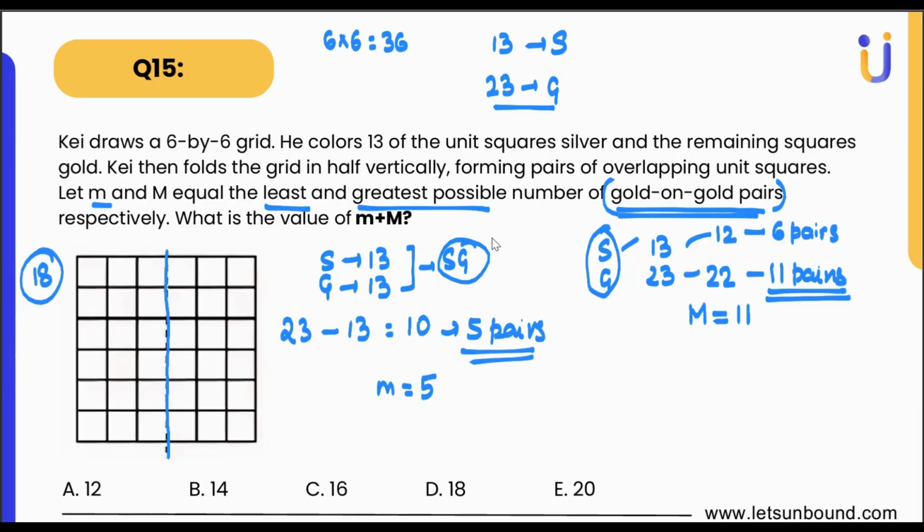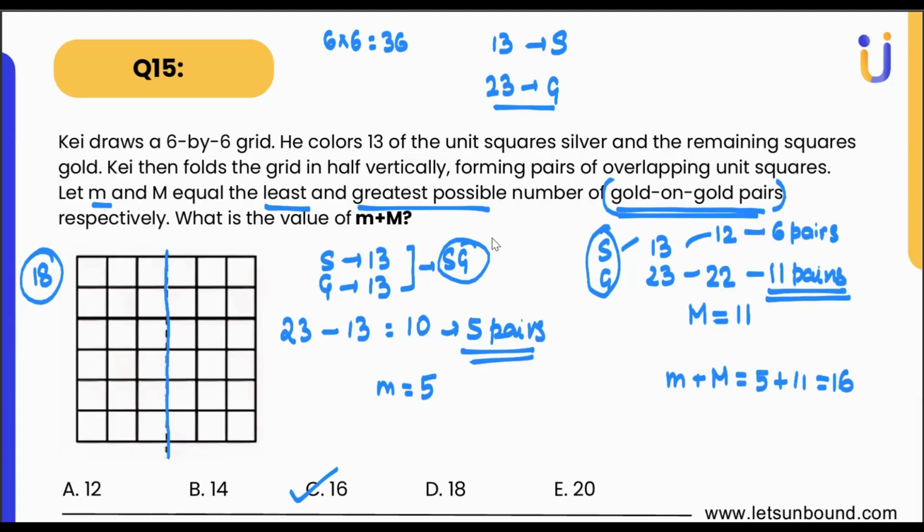Now finding M plus N is very easy. The thinking only went into forming the values, which is 16. So my answer is 16. The thinking you have to do here is how you get the maximum value when you make more gold pairs and do not waste any gold by clubbing it with a silver.